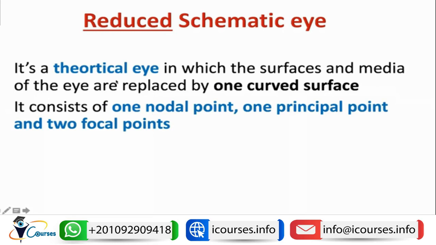As in the Goldstrand schematic eye, the eye was based on the Gaussian and Listing theory, which assumes that the eye is a thick lens that consists of multiple refracting surfaces centered on one axis. So it is called a compound homocentric system. But Donder assumed that the eye has only one refracting surface and one medium.